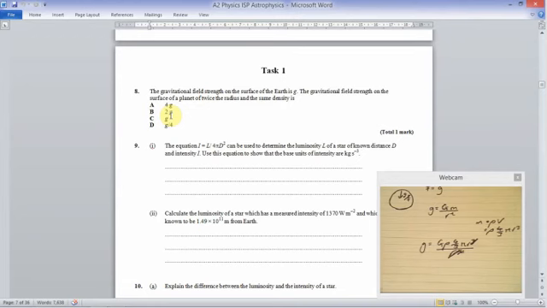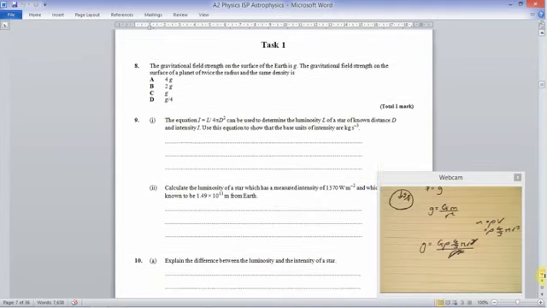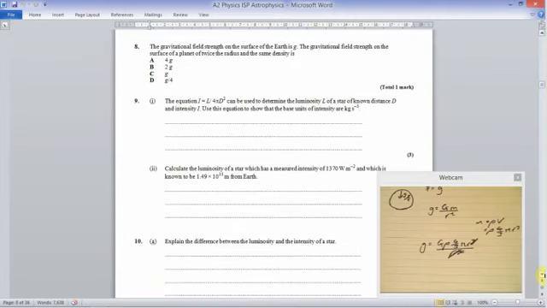Okay, the equation, I equals L, so intensity is equal to luminosity divided by 4 pi d squared, where d is distance, and L is luminosity and I is intensity. Yep. So use this equation to show the base units of intensity are kilogram seconds cubed. Okay, so let's go through each of these and know what they actually are.